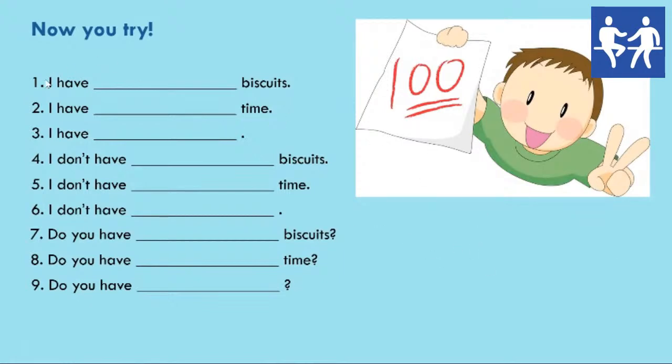Okay, I have biscuits. We have a positive sentence. Biscuits is a countable noun. So we can use a lot of or plenty of.